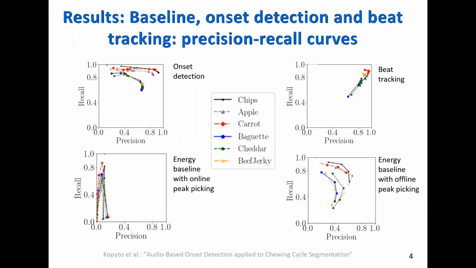On the upper right, the PLP beat tracking algorithm is shown, where all food types perform with precision and recall of at least 0.7. For comparison, the energy baseline algorithm is displayed in the lower 2 plots, where peak picking was performed in an online fashion on the left side and in an offline fashion on the right. Still, both spectral flux and PLP beat tracking outperformed the energy baseline technique.